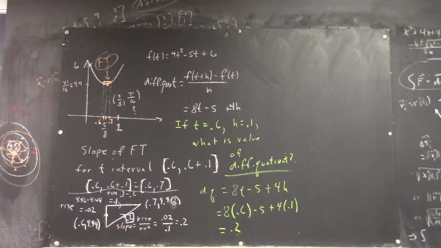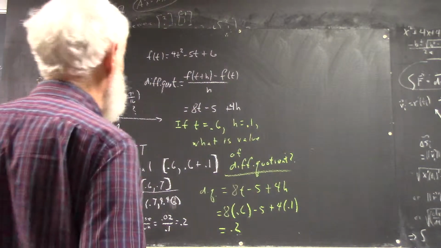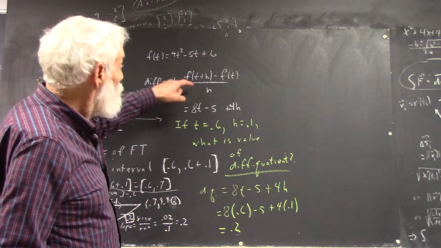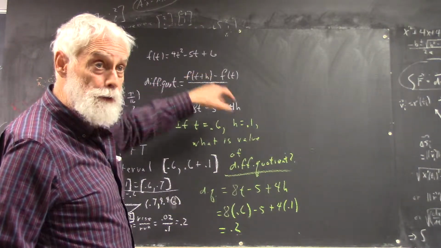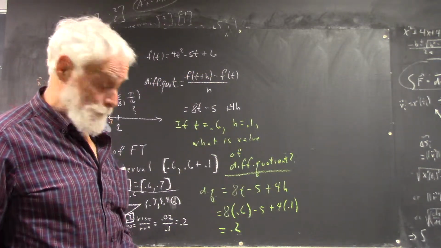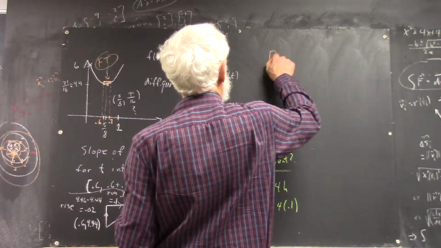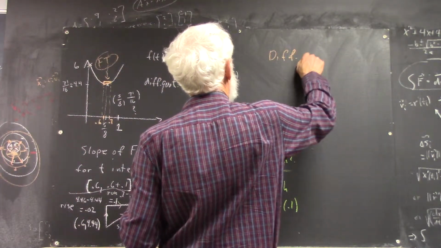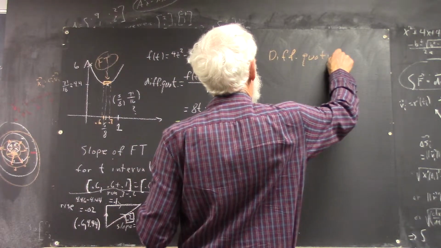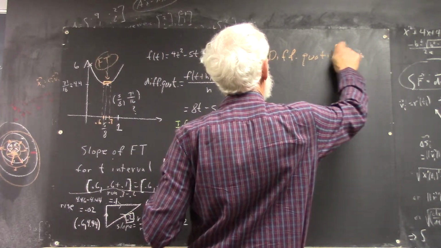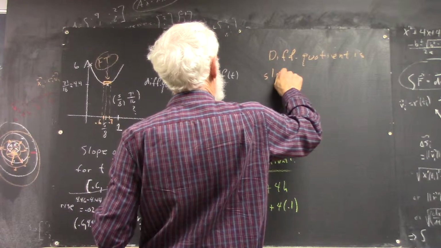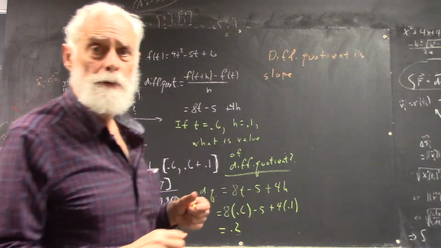So the difference quotient is just the slope of the fundamental triangle for the interval from t to t plus h. And this is something you've got to take home with you, okay? So the difference quotient is the slope.